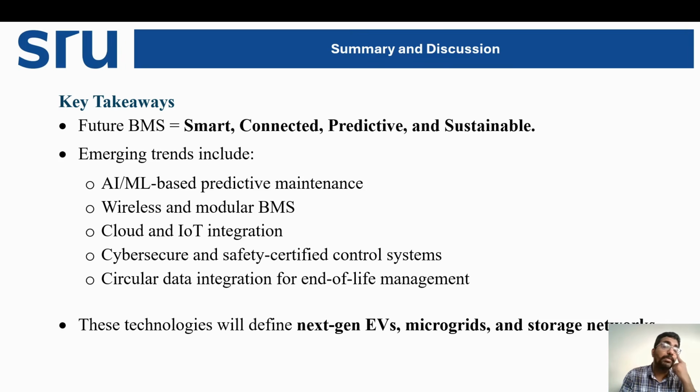Cyber security has to be provided so that hacking is not that easy; it should be avoided. Safety certification should be provided. Then circular data integration for end of life management. These technologies will definitely help define the next generation EVs, microgrids and storage networks. So with this I will end this discussion. Thank you.